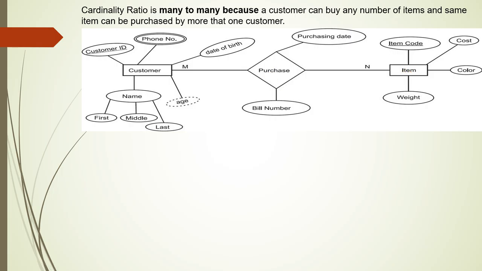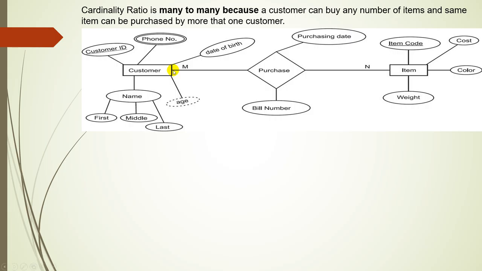A customer can purchase many items, or one item may be purchased by many customers. So here is a relation between the two entities, customer and item. We name this relation purchase, or any name you can assign.